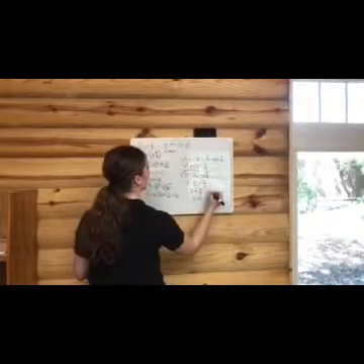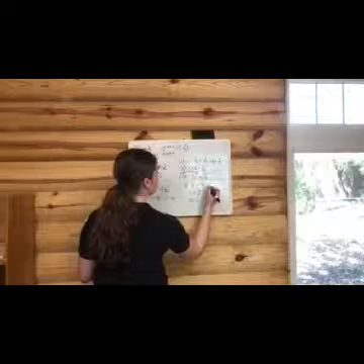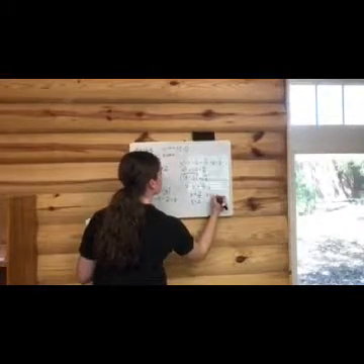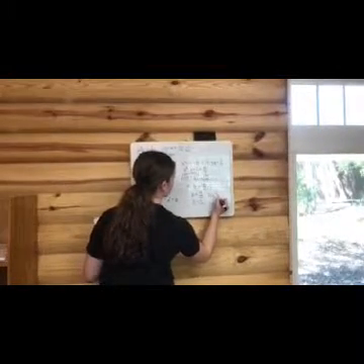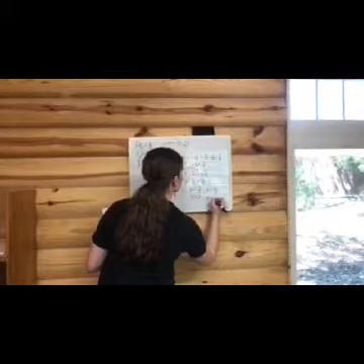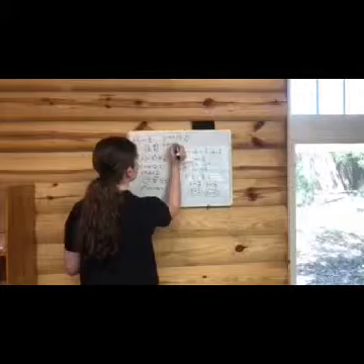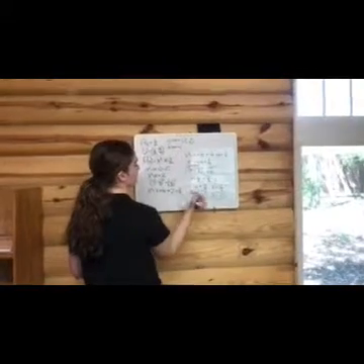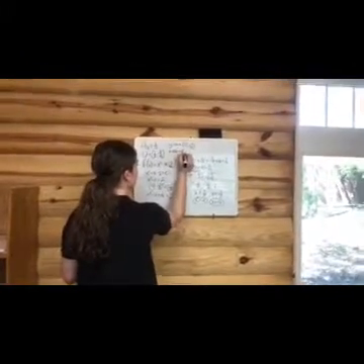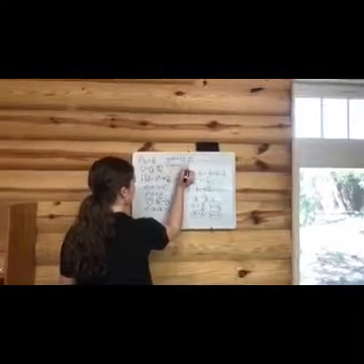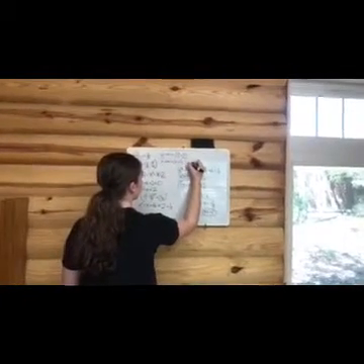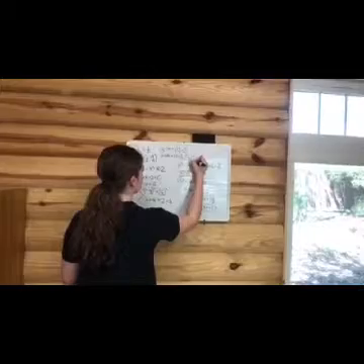If it's a negative 3, it'll be negative 3 plus 1 is negative 2 over 2, which will be x equals negative 1. And those are your two x-intercepts. And those will look like 2, 0, and negative 1, 0.